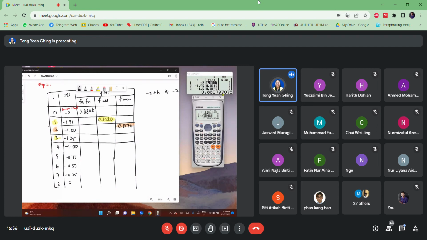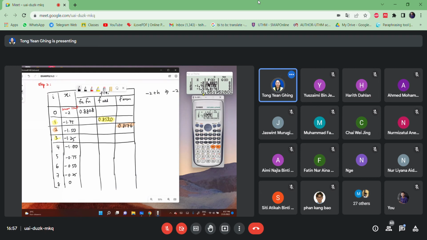Look here, 0.88079. Because of the 9, I just round it up, becomes 0.8808. Okay or not? Is this what you asked? Yeah, oh, you just rounded up. Oh, okay, I round up. Thank you. And then the second one is also the same.